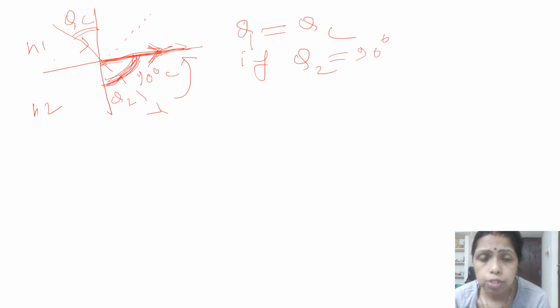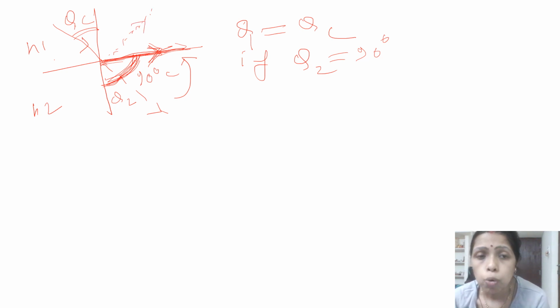If the ray is refracted like this, or theta 2 is 90 degrees, then theta 1 will be the critical angle. The ray is incident in such a way that it creates a 90 degree refracted ray, then it is the critical angle. When the refracted ray is 90 degrees, this is the minimum boundary for achieving total internal reflection.